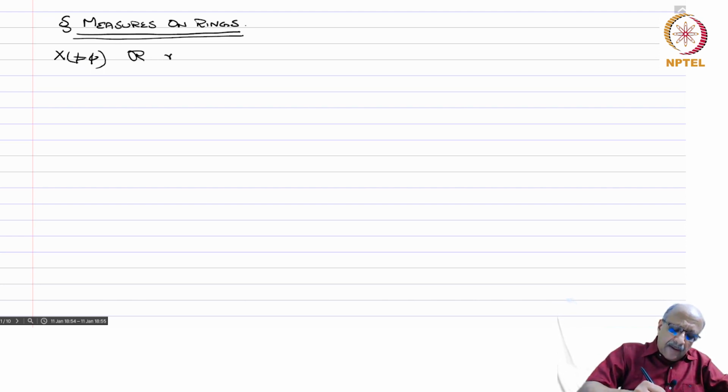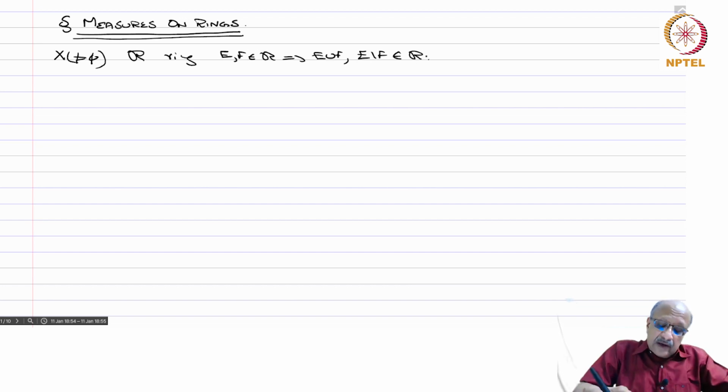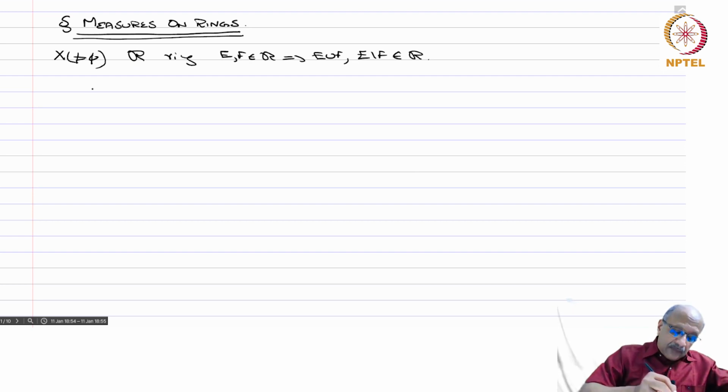So this is a ring, which means E, F belong to R implies E union F and E minus F belong to R. Then we also saw what is a sigma ring, what's an algebra and such things. So now we want to define a measure on a ring. Let X be a set and R a ring of subsets.